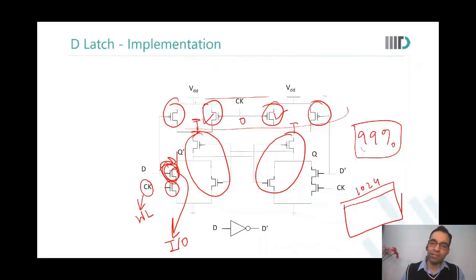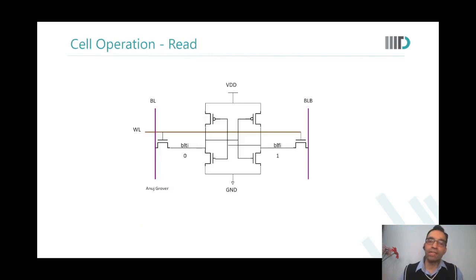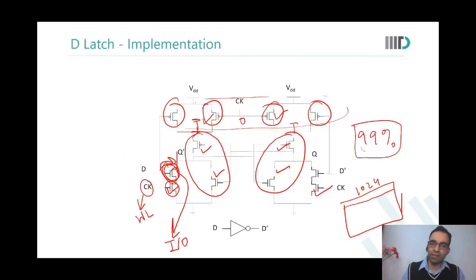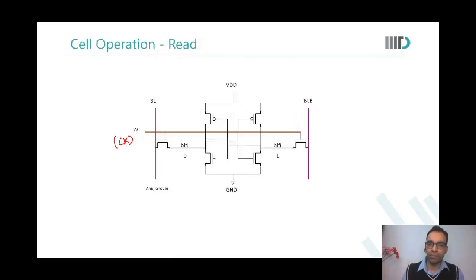So what has happened is that what you are repeating millions of times in a storage memory is not these 14 transistors, but only these 6. And you have a 6T memory cell. So this word line is nothing but the clock. This is the inverter that we talked about, where we said that these PMOSs have been removed.